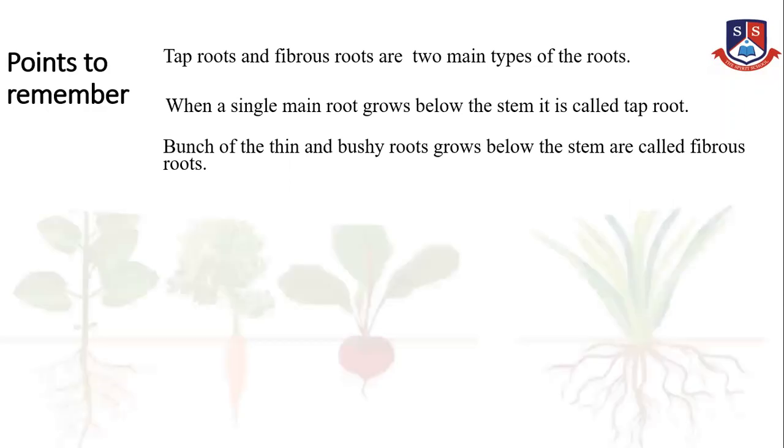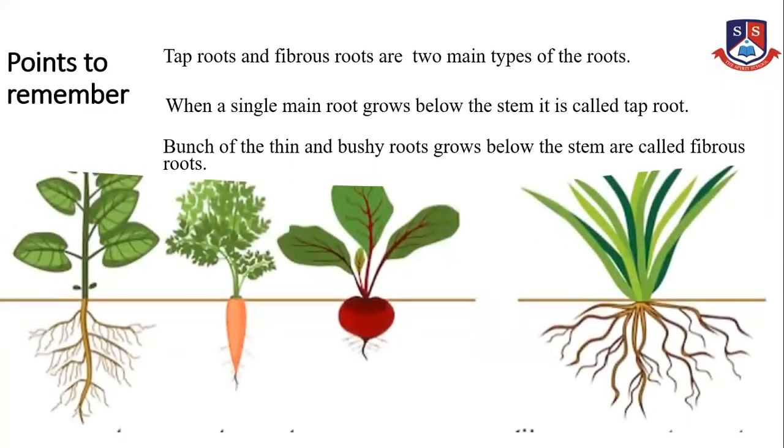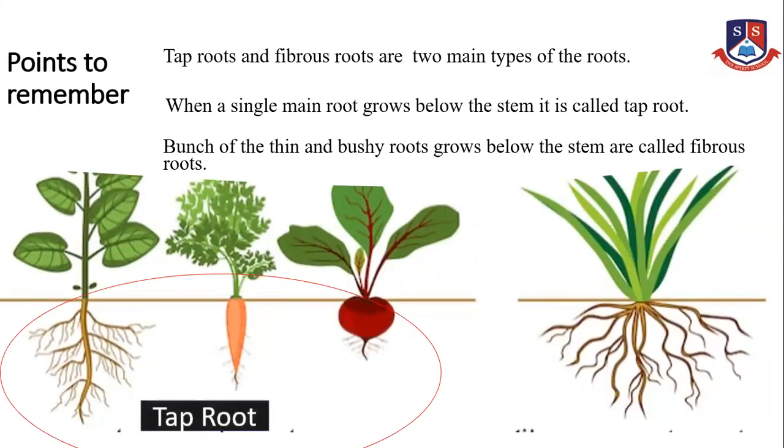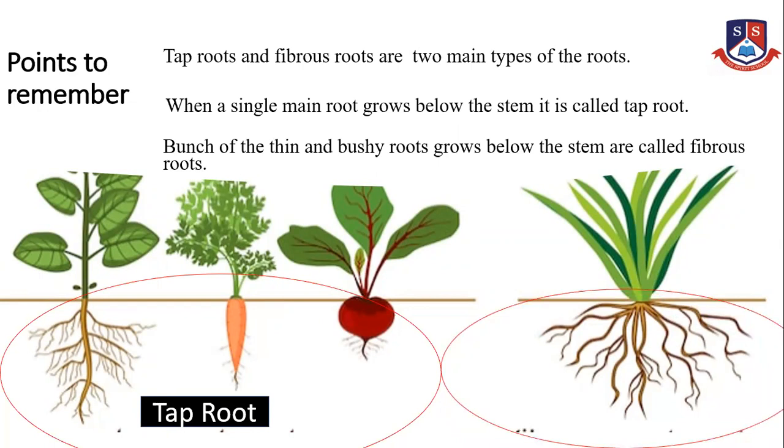Let's have a picture. In this picture, you are seeing the two types of the root. In the first picture, the circled part of the root is called taproot, and in the second picture, the circled part of the root is called fibrous root.